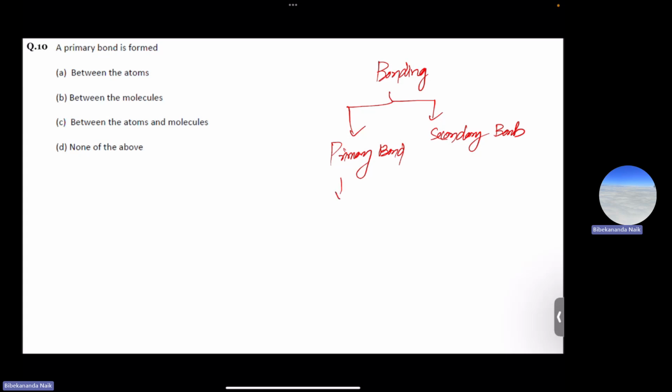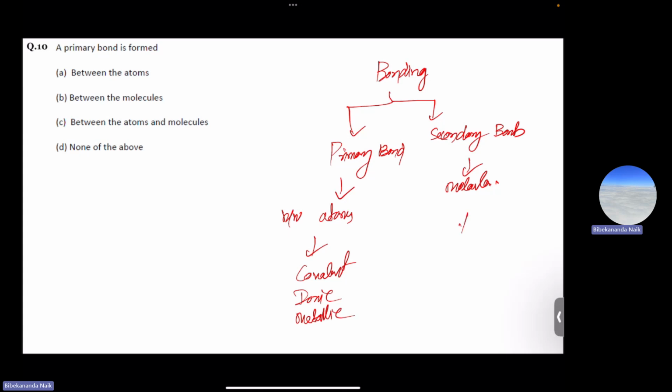So primary bond mainly occurs between atoms. However, secondary bonds occur between molecules or parts of the molecules. Primary bonds are generally called strong bonds, and secondary bonds are generally called weak bonds or intermolecular forces. The types of primary bonds are called covalent bond, ionic bond, and metallic bond.